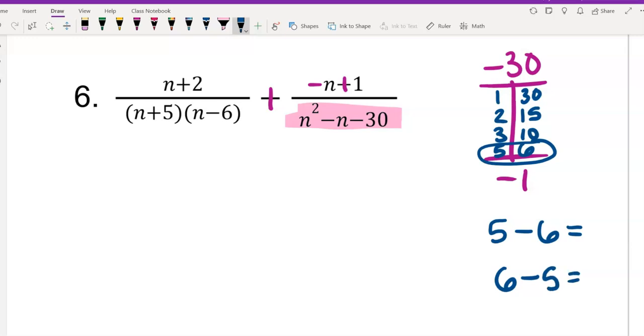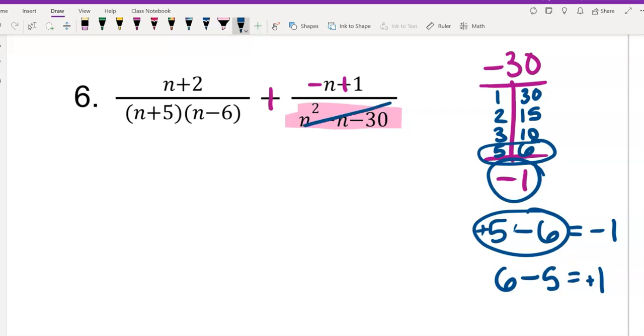Does the 5 need to be negative, or does the 6 need to be negative? Let's see. 5 minus 6 is negative 1, and 6 minus 5 is positive 1. We're looking for them to add up to a negative 1, so our two factors here are positive 5 and negative 6. So we're going to cross this out. We're going to say n plus 5, n minus 6.